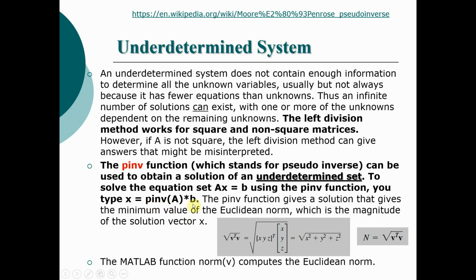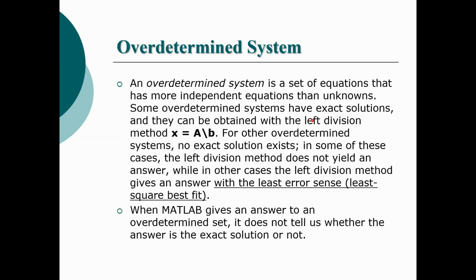So the pseudo inverse multiplied by b would give us the solution that has the smallest norm among all the solutions that we have. The left division method or the Gaussian elimination would give us the solution that minimizes the residual vector in the least square sense.